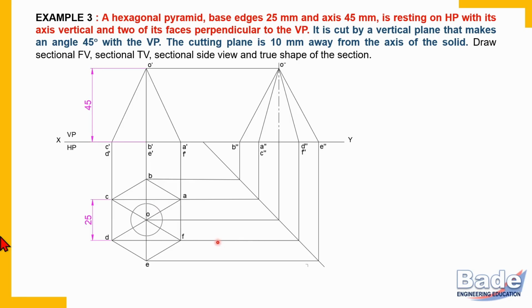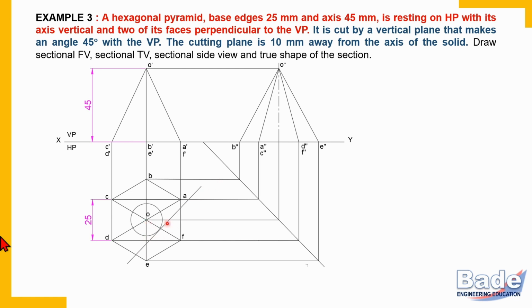Now one more important thing. Before you draw the cutting plane line, be sure about its orientation also. Try to understand what I mean. Suppose we locate the cutting plane in this manner. This line is at 45 degrees and it is 10 millimeters away from the axis.